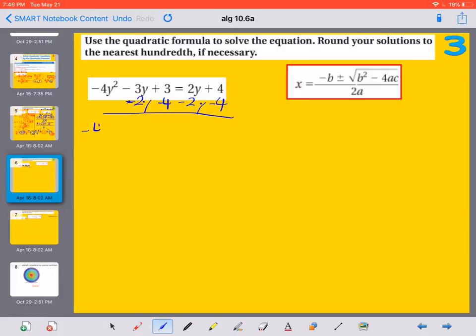So we get negative 4y squared minus 5y minus 1 equals 0. Our A is negative 4, our B is negative 5, and our C is negative 1.